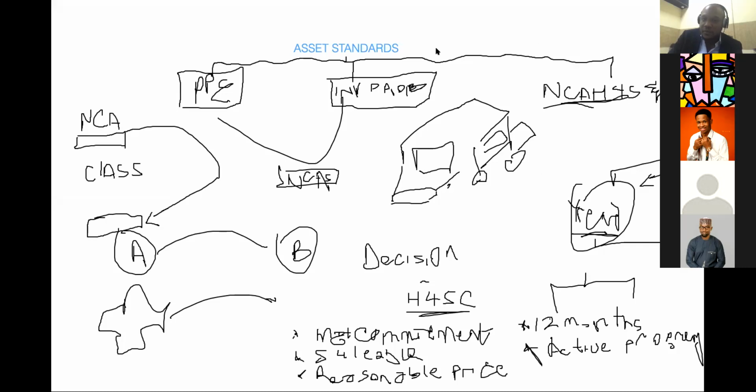Okay. In a situation whereby we cannot sell it, we reverse it, we take it back to PPE. Are we going to charge the depreciation that we were supposed to charge before, that we didn't because it was classified as held for sale?